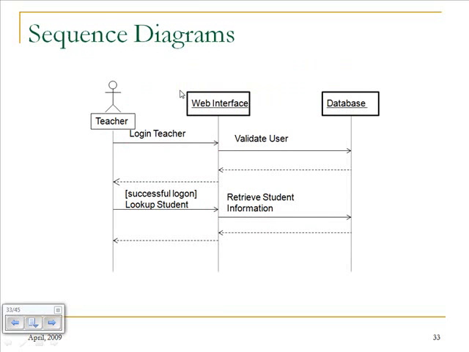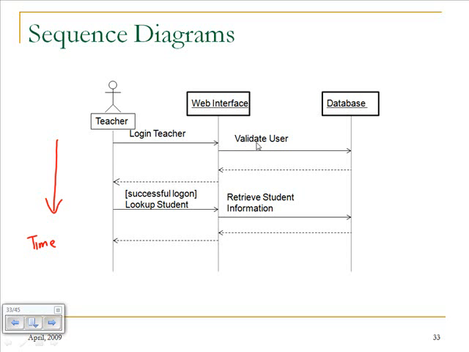Another sequence diagram. Again, just remember that with sequence diagrams, the time is going to flow downward. So, for example, you have a teacher. They log in to a web interface, and it takes a few seconds over here.